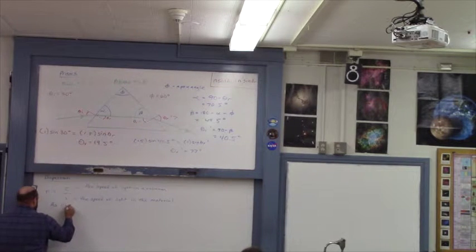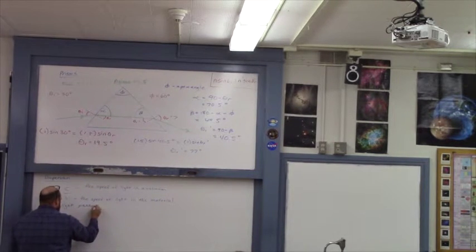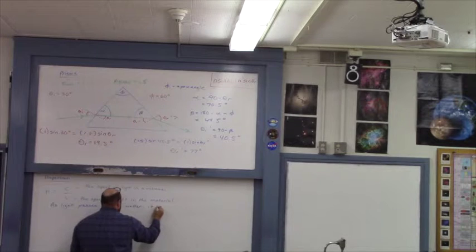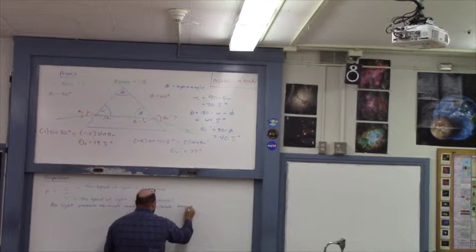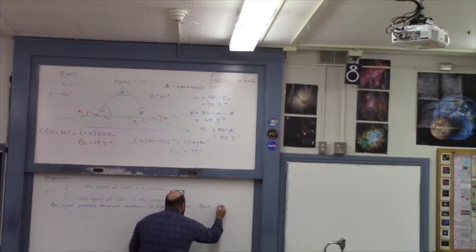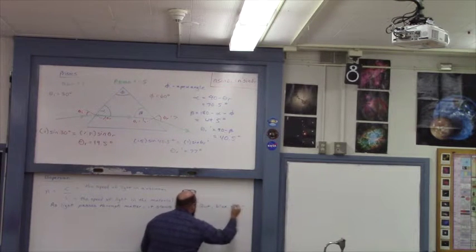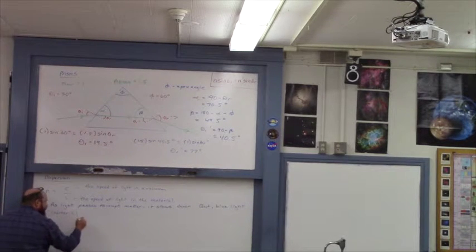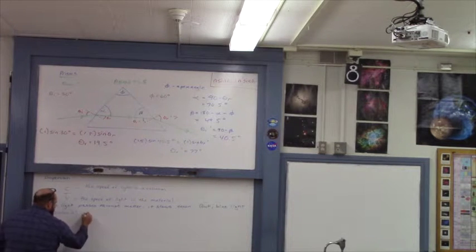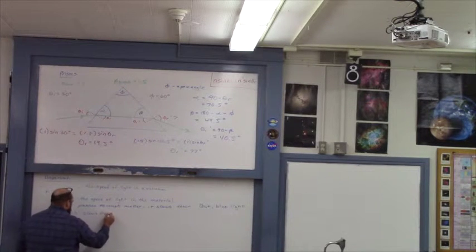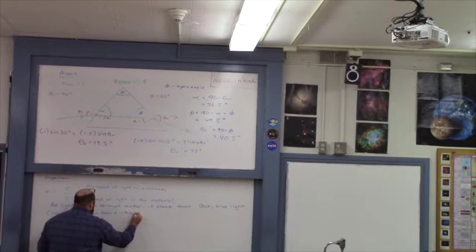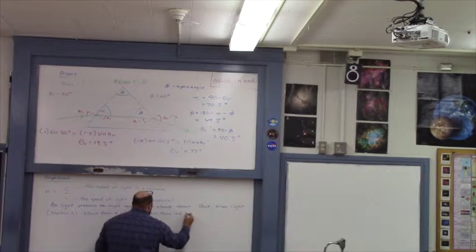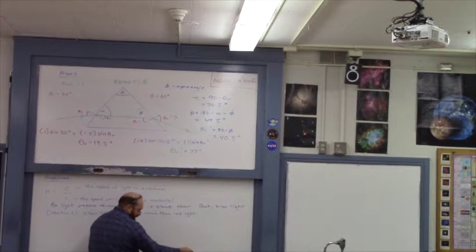So as light passes through matter, it slows down. But blue light, I'm using blue and red here for comparison, but blue light, which has a shorter wavelength, slows down a little bit more than red light does. Red light has a longer wavelength.